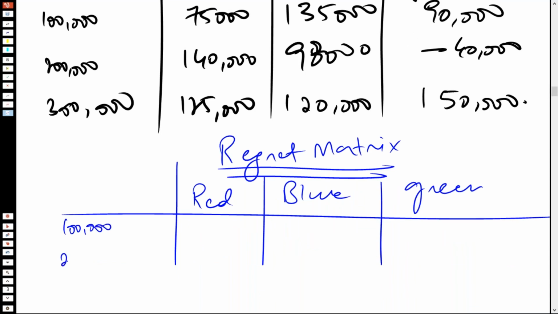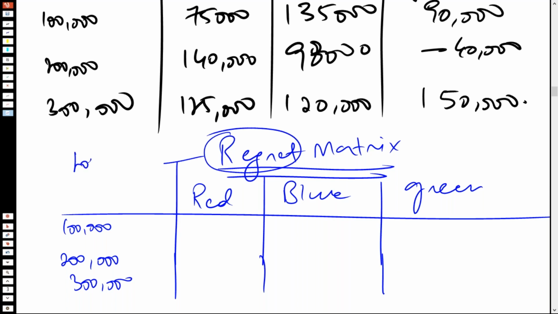So it's 100,000, 200,000, 300,000. Now what exactly do you mean by regret? Regret means loss. The regret could be the actual loss, or it could be the opportunity loss.